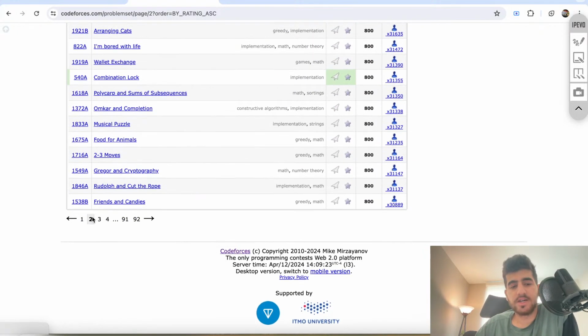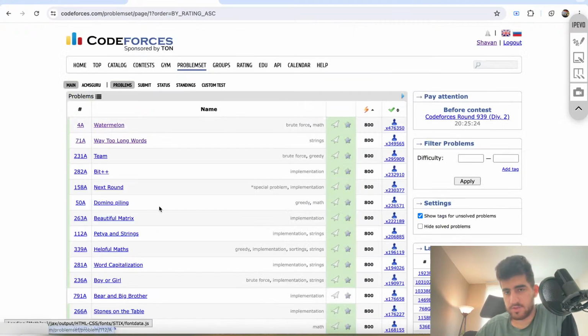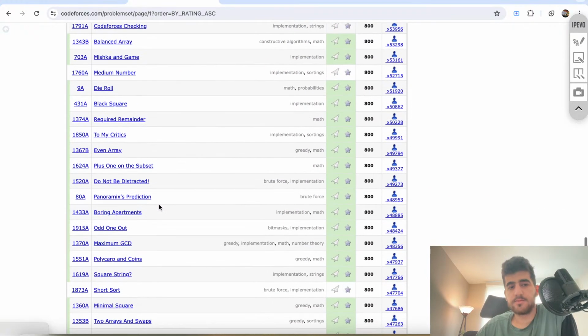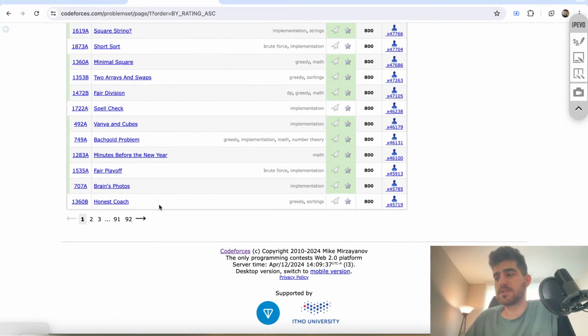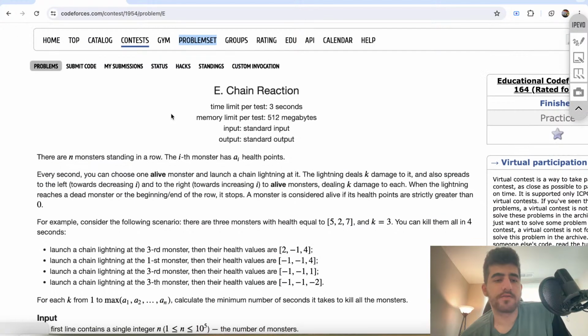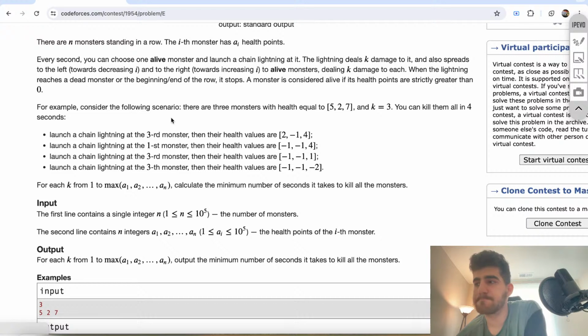But when I was training, almost all of these were green. I mean, the first page was almost all green. It has changed a little bit now, but at the time it was almost all green. So I recommend you to solve a lot of problems, starting from the easiest ones.